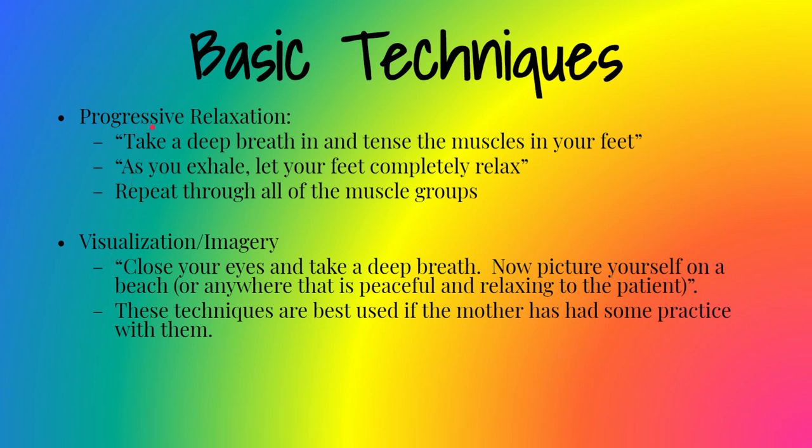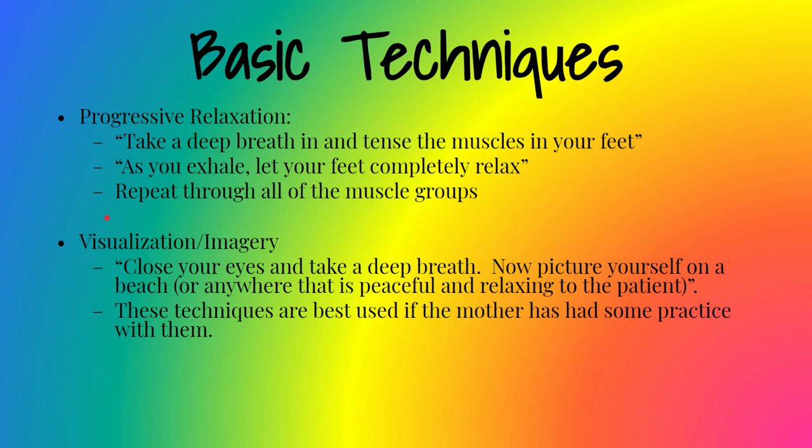Progressive relaxation is tensing the muscles and then letting them go. And once you feel what tension feels like, you learn how to let it go. And then when it happens again, say during a contraction, the shoulders start to rise near her ears, you can just take her shoulders, very gently rest your hand on her shoulders and say, relax your shoulders, and they exhale and let it out.